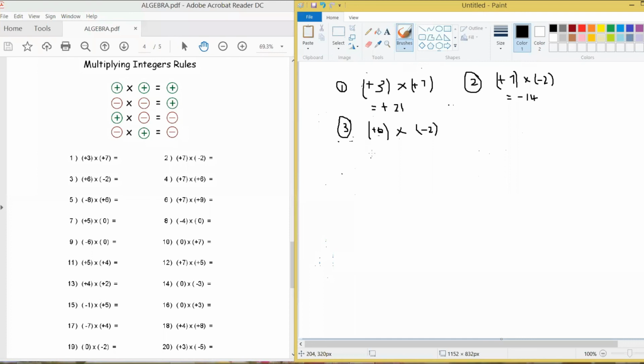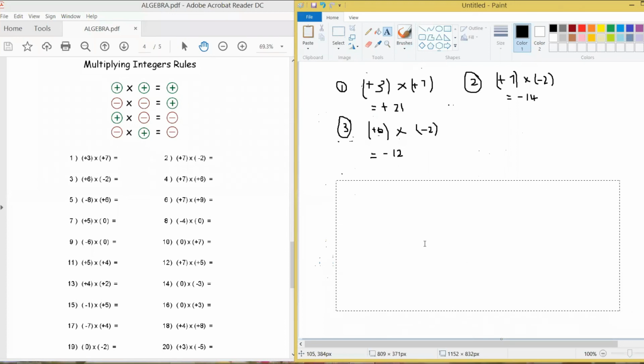So here I have positive multiplied by negative. So look at your rule. Positive multiplied by negative gives us a negative answer. So 6 multiplied by 2 gives us 12. So when I work that out, my answer is negative 12.